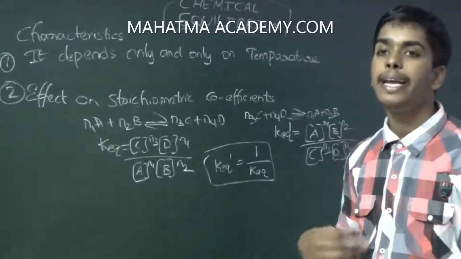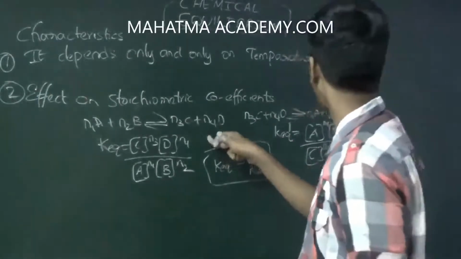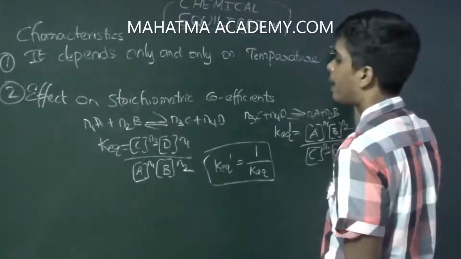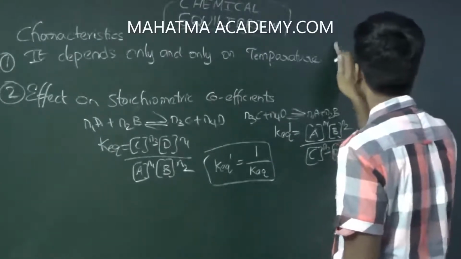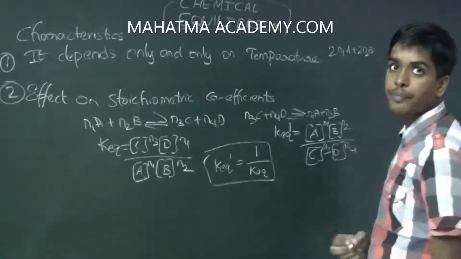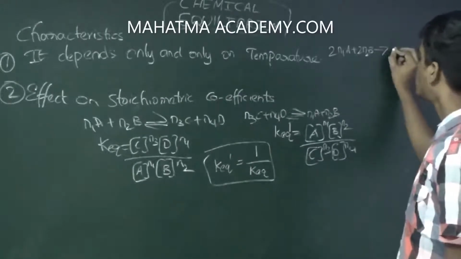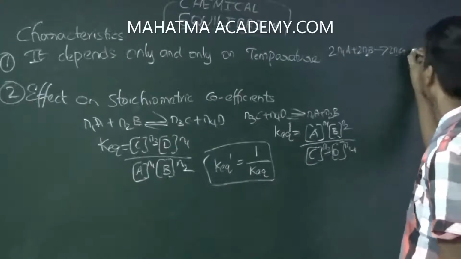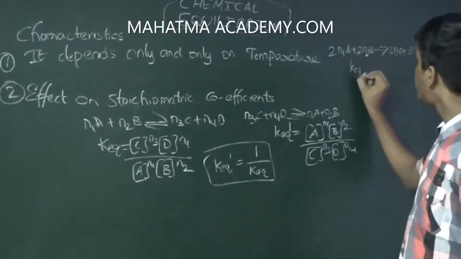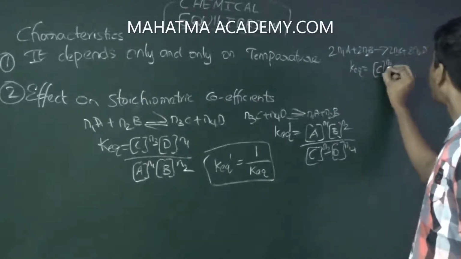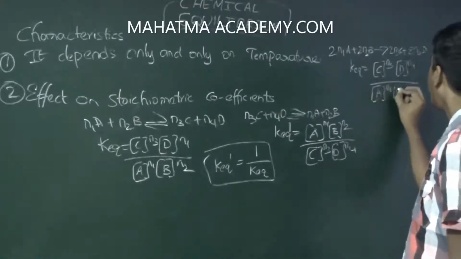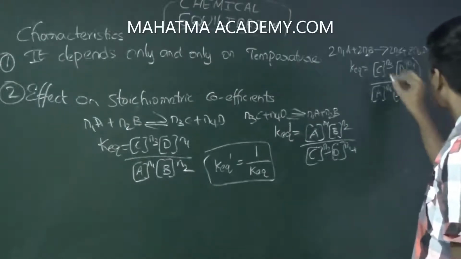Now suppose we multiply the equation by a factor of 2: 2 n1 A plus 2 n2 B gives 2 n3 C plus 2 n4 D. Now K is equal to [C] to the power of n3 [D] to the power of n4 divided by [A] to the power of n1 [B] to the power of n2, whole square.